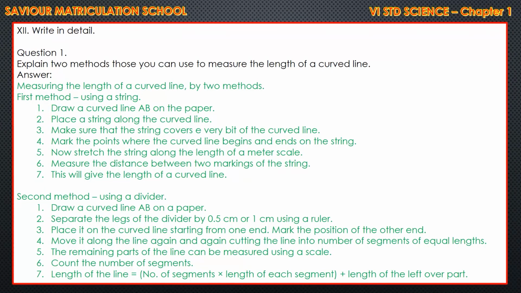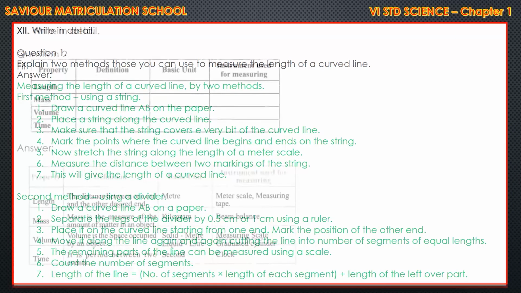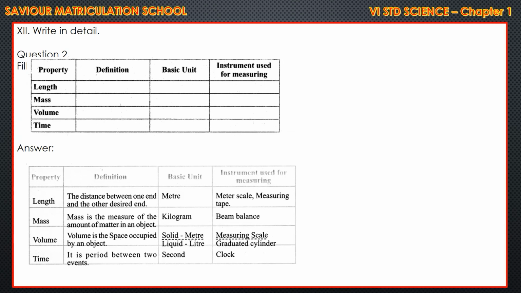Move it along the line again and again, cutting the line into a number of segments of equal length. The remaining part of the line can be measured using a scale. Count the number of segments. The length of the line is the number of segments into the length of each segment plus the length of the leftover part. This is already explained to you in the class, children.